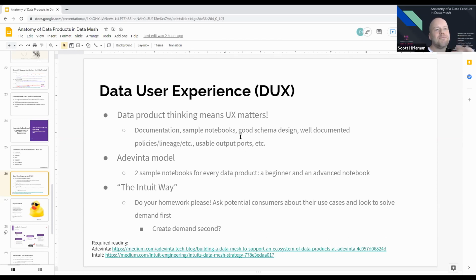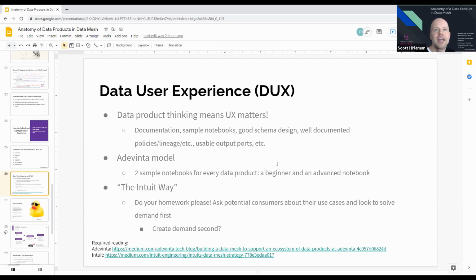That way we can start to open source some of this stuff, and people who have their notebooks can open source their sample notebooks with some dummy data and some documentation, so people can get an idea of what this really feels like and looks like. Adevinta put out a great blog post on this where they talked about 2 sample notebooks for every data product.